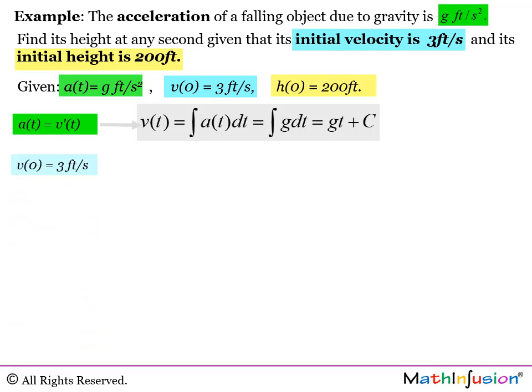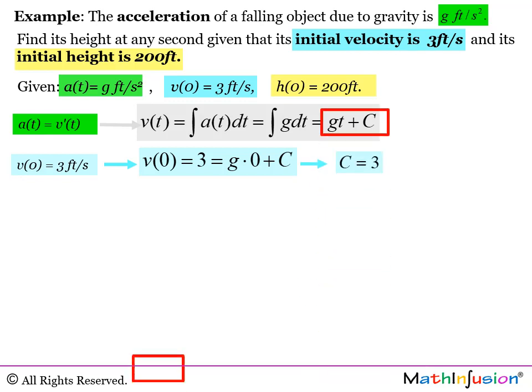For this, we are going to use the fact that the initial velocity v0 is 3, and we are going to substitute 0 for t and 3 for v of t. And we get 3 equals g times 0 plus c, and from here c is 3.